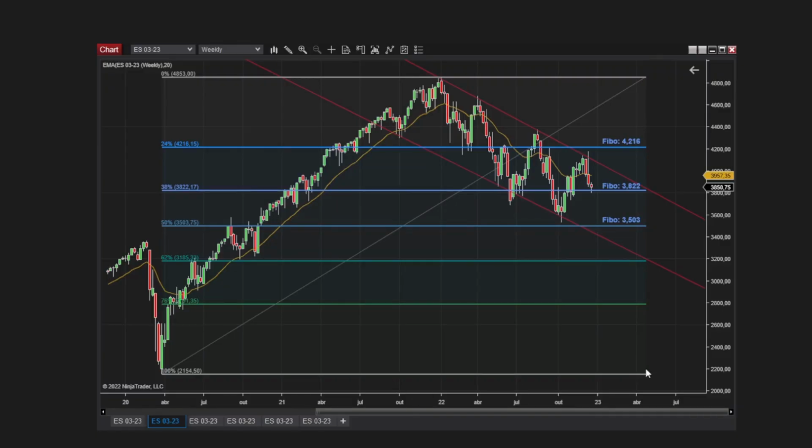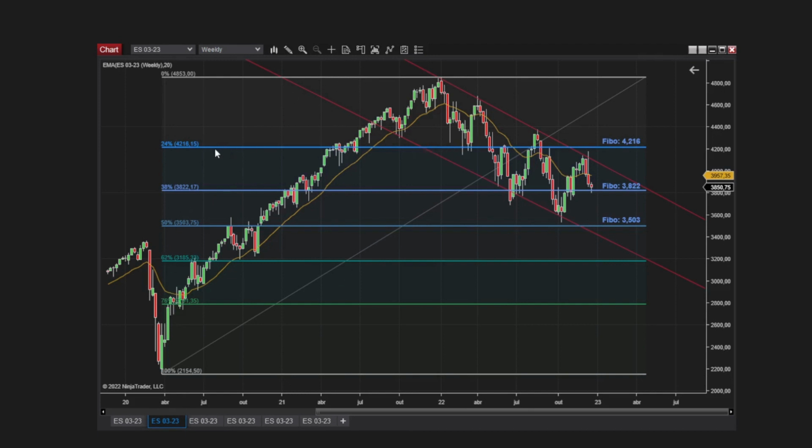This is the Fibonacci at the weekly chart from E-mini S&P. I traced it from March 2020, the low, the beginning of the pandemic, to January 2022. Fibonacci retracements are those regions: 24%, 38, 50, 62, 76.